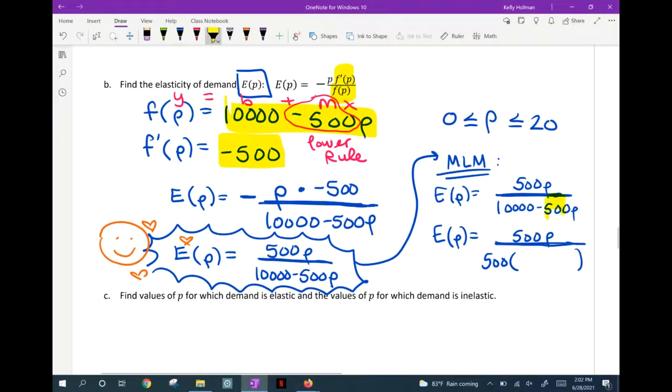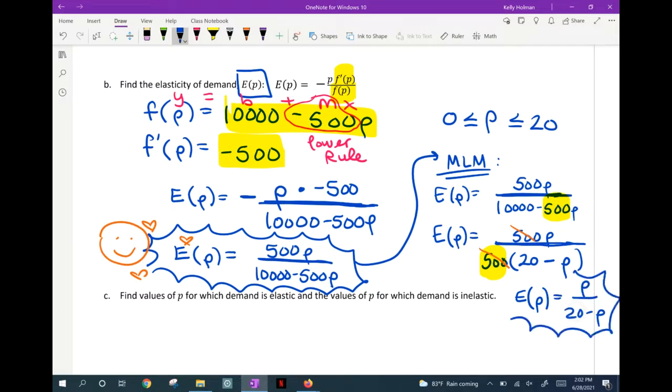It always factors out whatever's in front of the P. It doesn't even factor out a GCF. It's really wonky. So there was a 500 in front of the P, so they factored it out. So 1,000 divided by 500 is 20, minus 500 divided by 500 would be 1P there. And then the 500s will divide out. So my math lab is going to write this as P over 20 minus P.